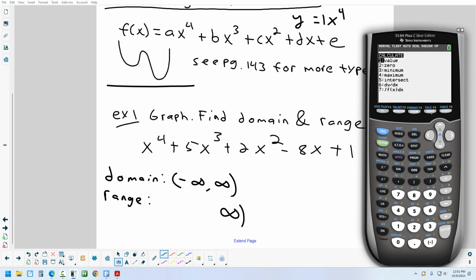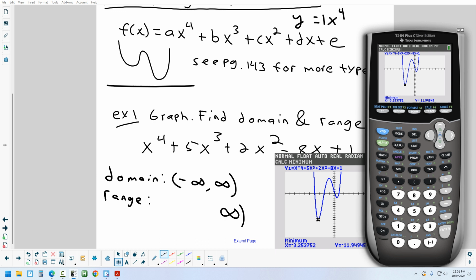Which option do you think I would use in that list? Minimum. When you do minimum, it asks you 3 questions, like a lot of the other things. You pick a point that you know is to the left of your minimum. You pick a point that you know is to the right. And for the guess, you just put it pretty close to the minimum.